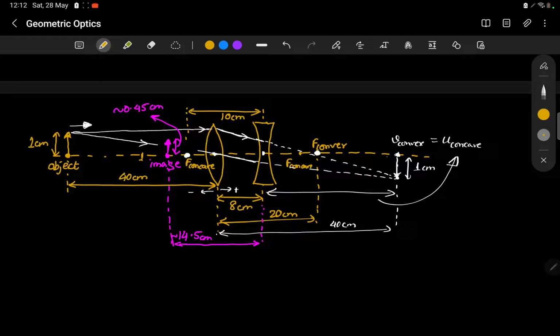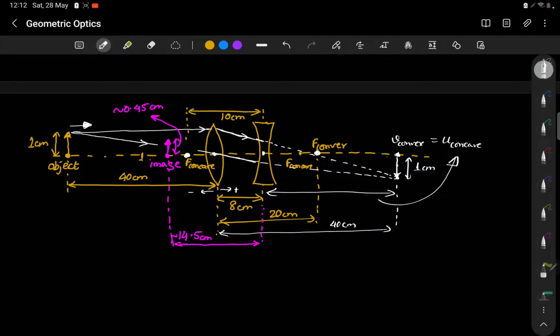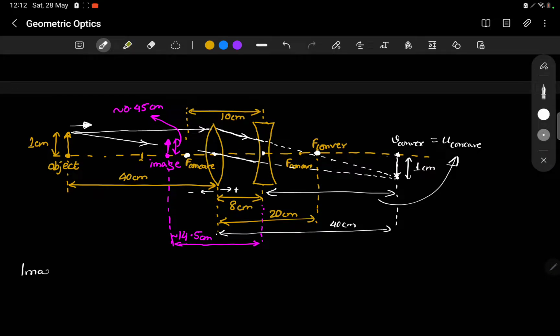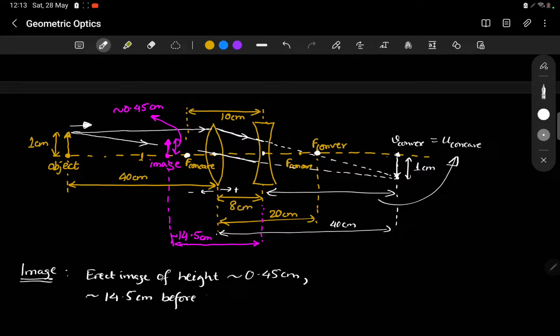So finally we solved this question, and the result is, for the image we have an erect image of height approximately 0.45 centimeters, and it is approximately 14.5 centimeters before the concave lens.